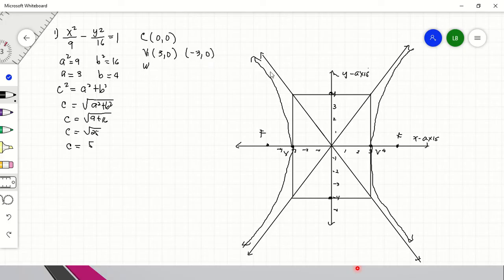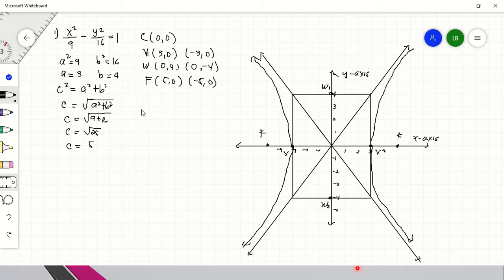Ang co-vertices natin ay 0, 4, 0, negative 4. And then, ang focus is 5, 0, and negative 5, 0.